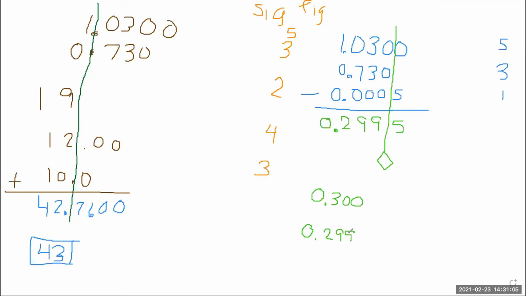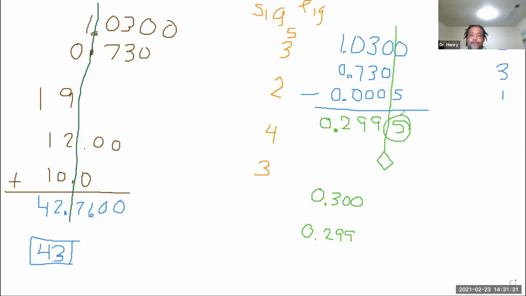I still think 0.300. Just to clarify, are we rounding based on what's on the other side of the decision line? We're rounding based upon what's on the decision line. It's going to go down, so it would be 0.299.